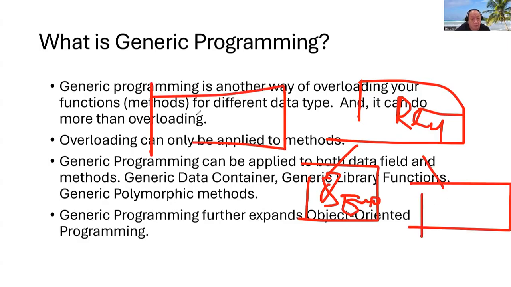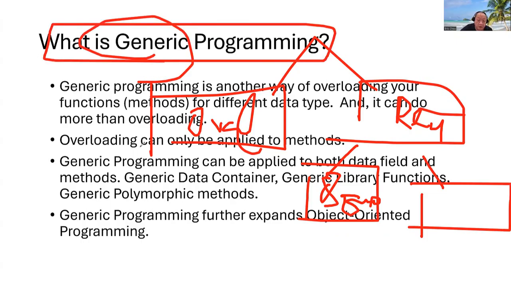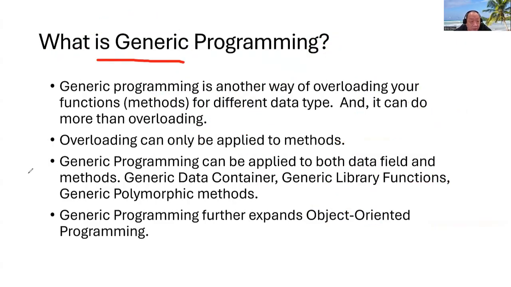Sometimes you want to process data across these different types, not fixed on certain types, so you need generic programming. Generic means general, right? You want a programming paradigm that can work across different data types, not just one data type. That's the original purpose of generic programming.